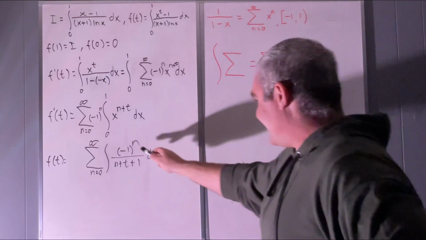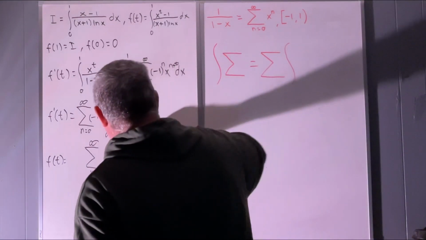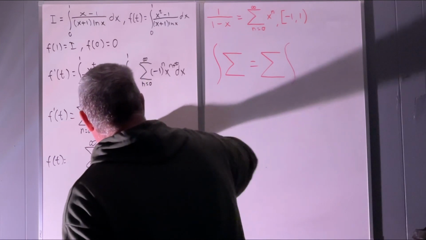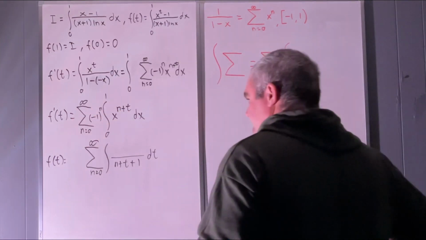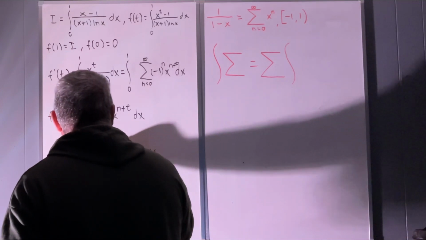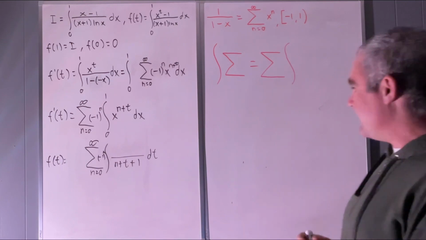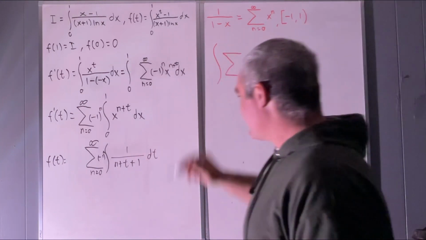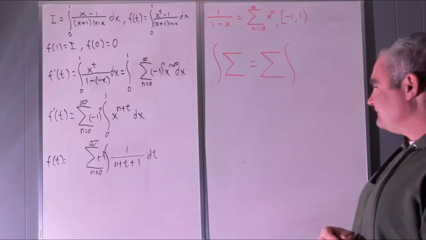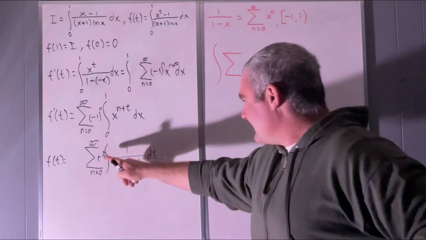Well, let's see, this negative 1 to the n is a constant with respect to t, so we'll bring it right outside the integral. Negative 1 to the n. I know this is very hard to read, but so be it. Well, what's this?